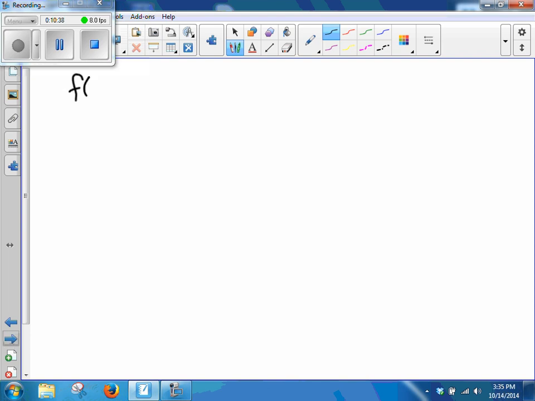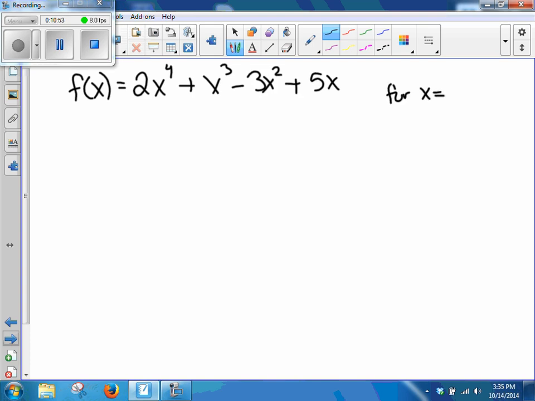Next example, f of x is equal to 2x to the 4th plus x to the 3rd minus 3x squared plus 5x for when x is equal to negative 1. So now we're going to bring in a negative. So you got to be careful here. All right, synthetic division here, or synthetic substitution.